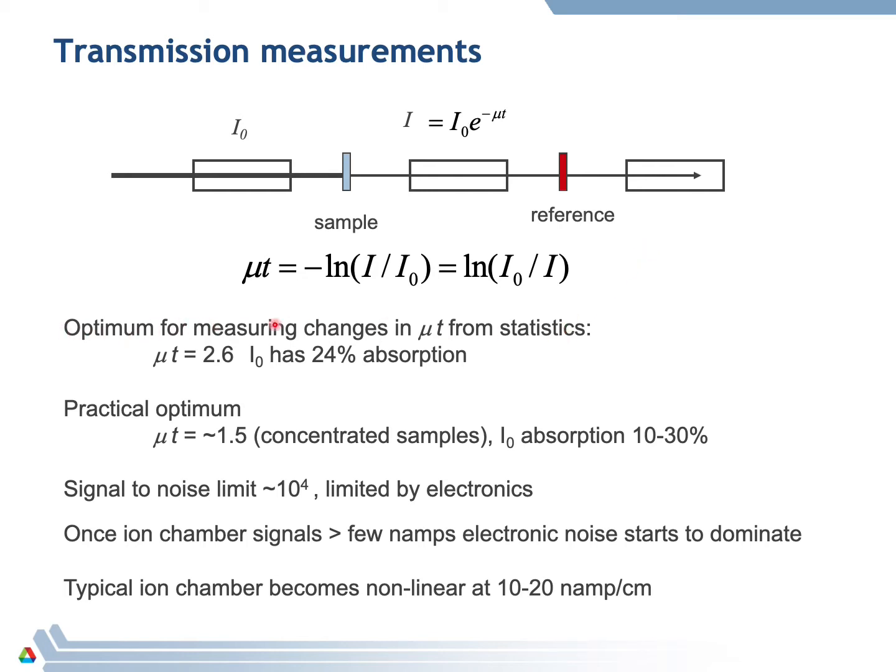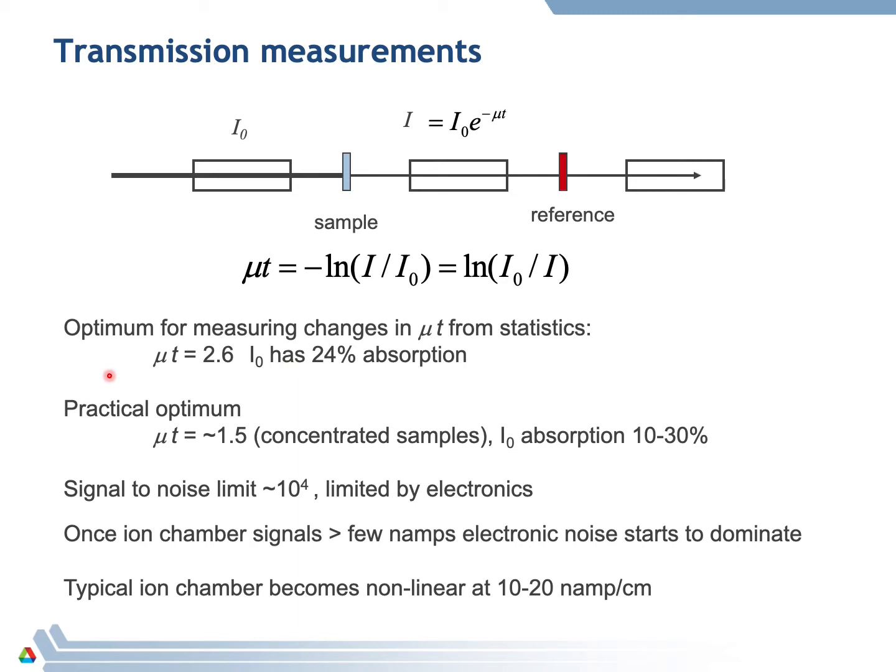Just calculating from statistics, the best mu t to get the best signal to noise, you'd end up with about 2.6, and I0 would have about 24% of the absorption of the total beam.